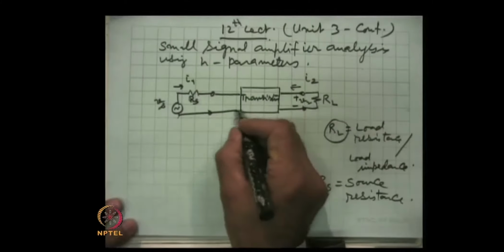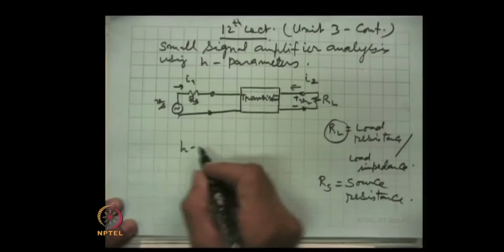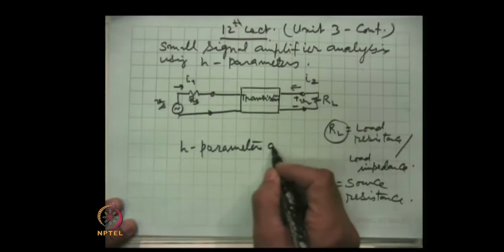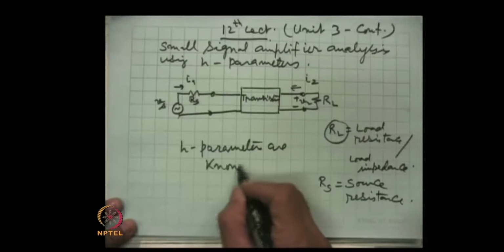Now, the circuit which we are considering, the basic circuit, is this, where this is the transistor for which H parameters are known. Normally they are given by the manufacturer for each transistor.